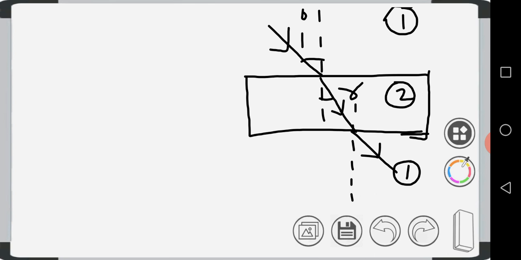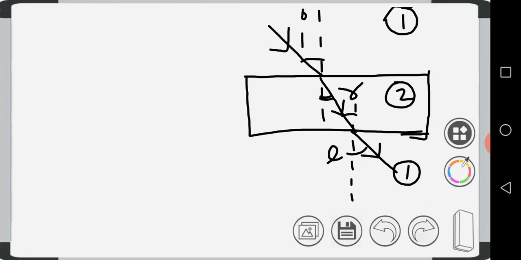When it comes out, we also call it the emergent ray, and this is also called angle of emergence, E. Now two refractions are taking place. If this angle is R, definitely this angle is also R, from the geometry it is clear.